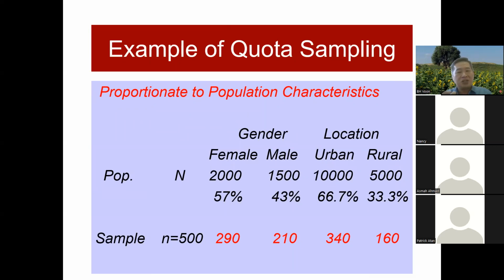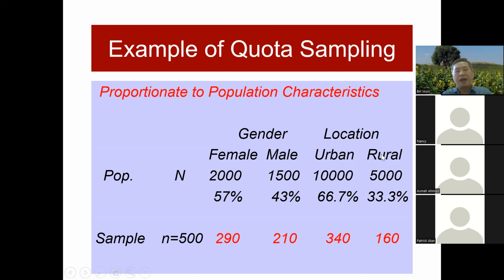As a researcher, you have to know the population characteristics first. Let's say your control characteristic is gender. You must know how many of them are male and how many are female, and what percent of them are in the actual population. Of course, through secondary data or certain reports or government documents, you can know roughly.